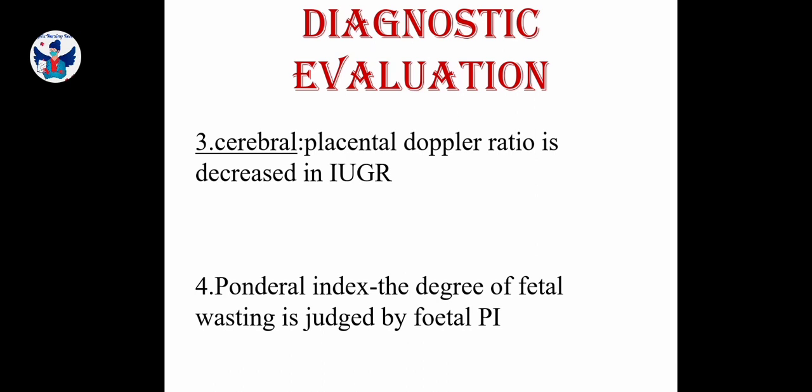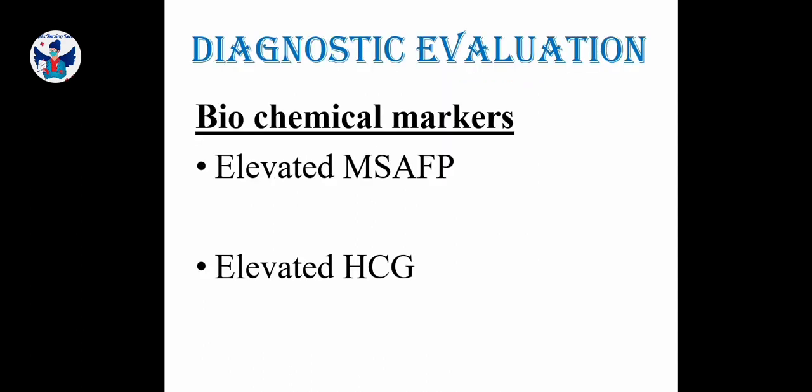So these things we can find by ultrasound Doppler. Next, biochemical markers. Here, elevated maternal serum alpha fetoprotein level, then elevated human chorionic gonadotrophin levels.